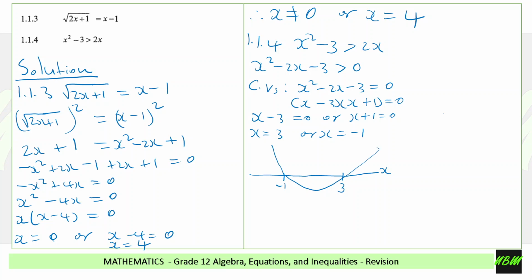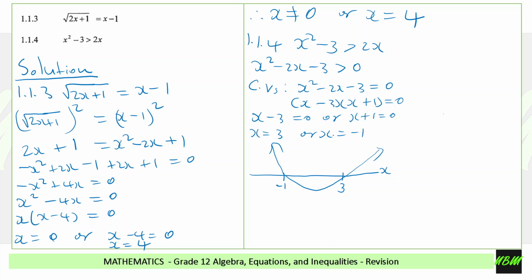Our quadratic function has a minimum turning point. It will always have a minimum turning point because we always ensure that before finding the critical values, the coefficient of x squared is positive. A is positive, therefore the graph will have a minimum turning point, or it will be a smile.